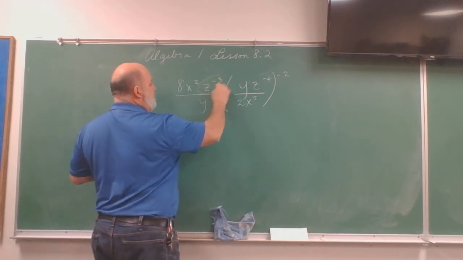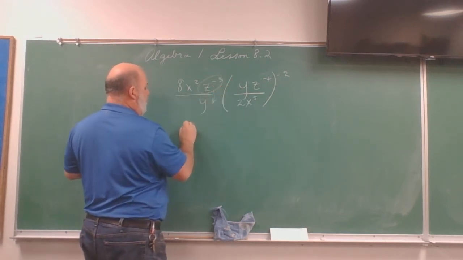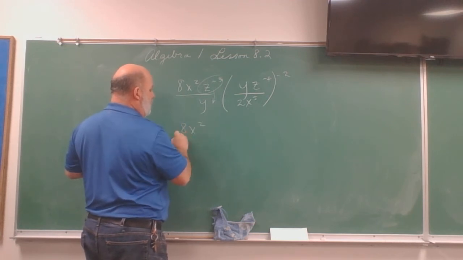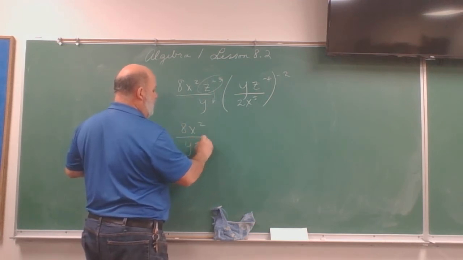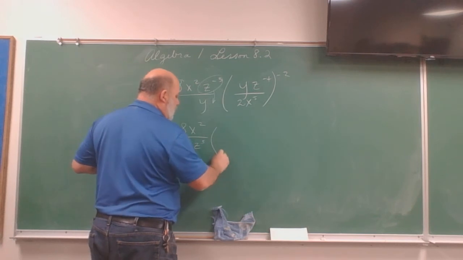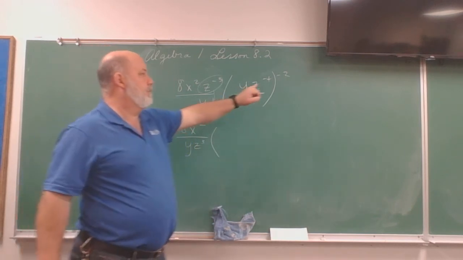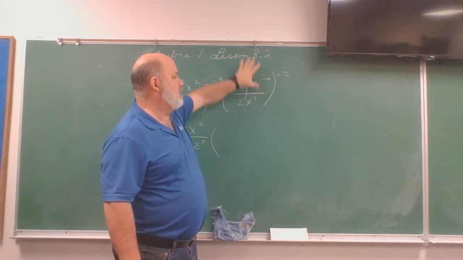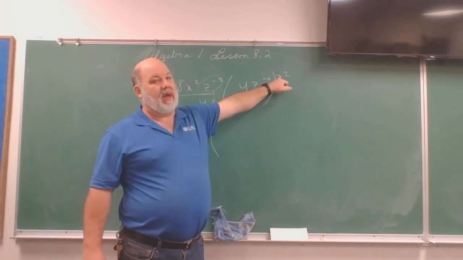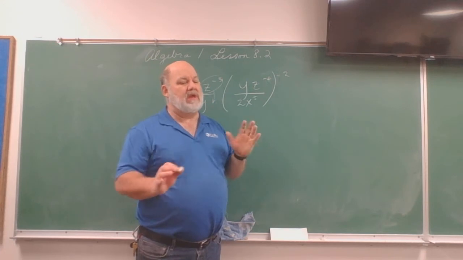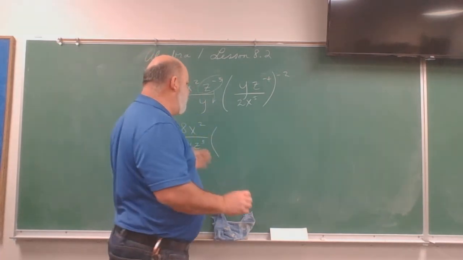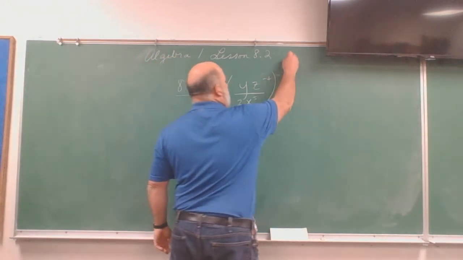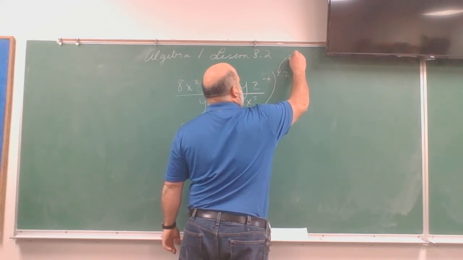So I'm going to move this z cubed down. So I got 8x squared y z cubed. Now here's where it gets goofy. This negative 2 here, if you ever have a quantity to a negative power, there's several ways you can do this, but the first thing to do is flip it.